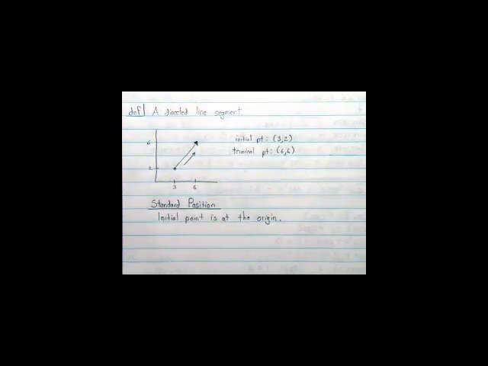So if we want to figure out some information about our vector, say magnitude and direction or whatever, it just makes the calculations easier. So if we move the vector, kind of think about picking it up off the page, moving it, and then dropping it back down so that that initial point sits on the origin, then you've moved that vector into standard position. And it makes all that calculation, like I said, a little bit easier to do.